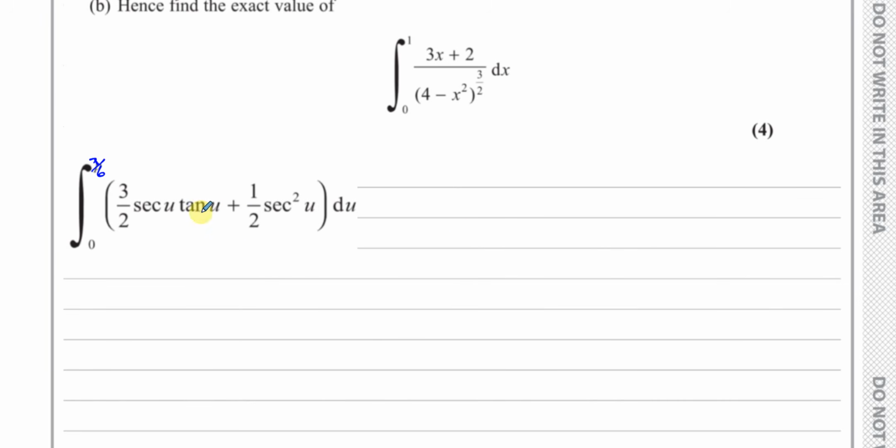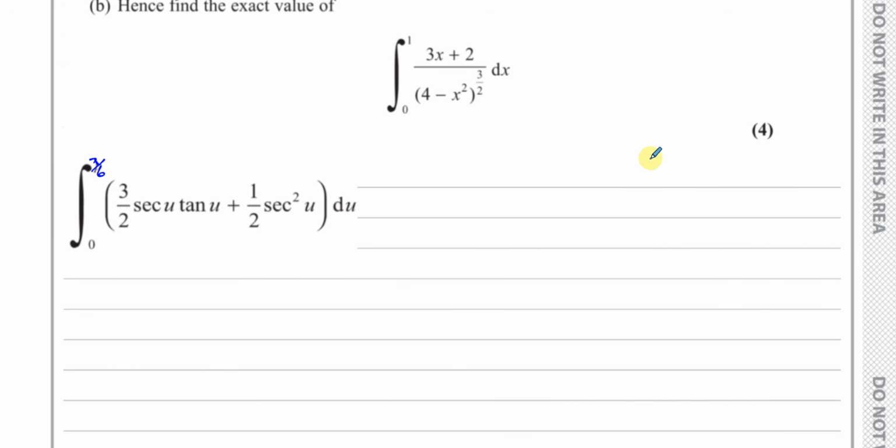Now this is a pretty simple one, because these are some of the standard integrals. If you don't know these integrals, you can find them in the P3 formula booklet, under differentiation.